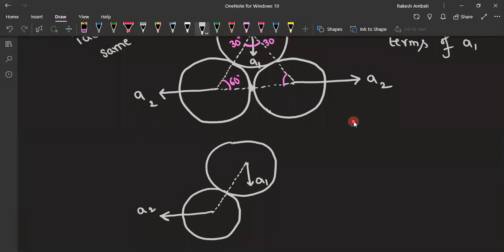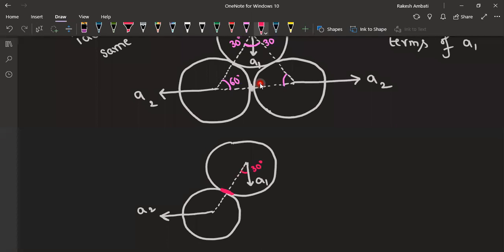And first of all, we have to identify the contact surface. So it is a contact surface. And this angle, we know already, is 30 degrees.